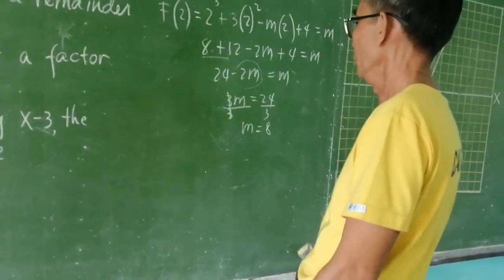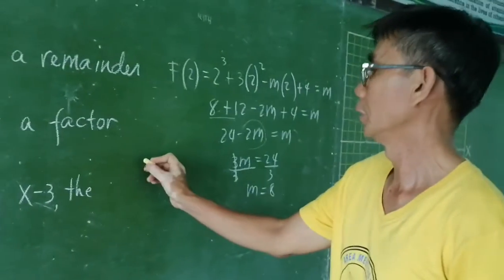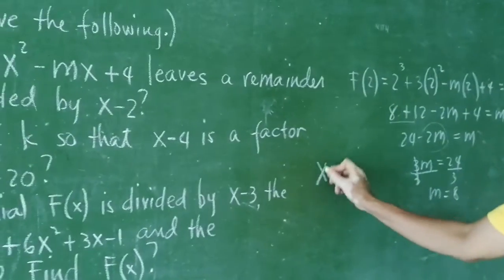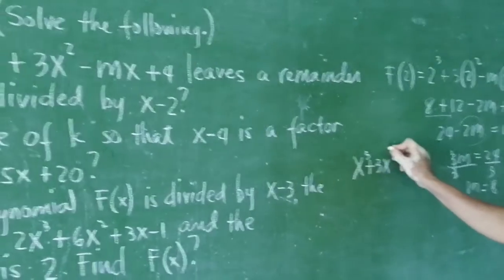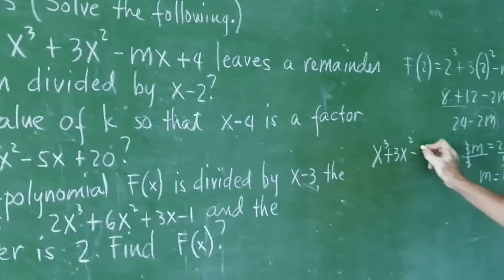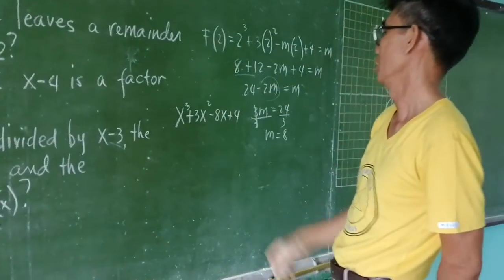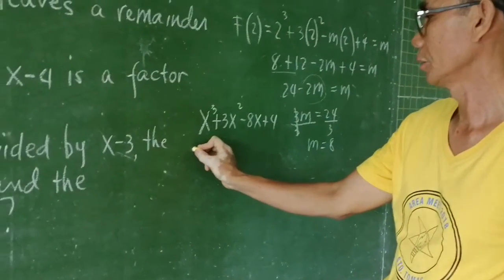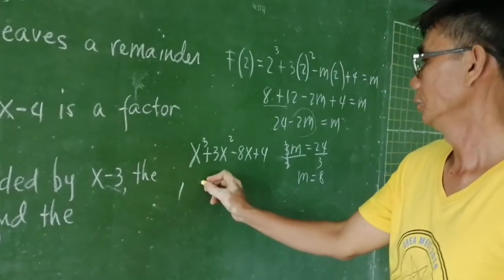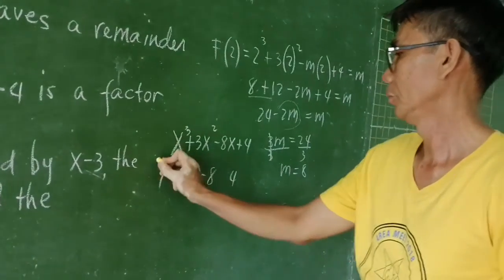So therefore, your polynomial now will become x cubed plus 3x squared minus 8x plus 4. And you have a remainder. So shall we do synthetic? 1, 3, negative 8, 4.